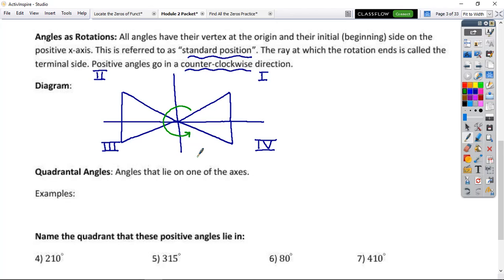Next, let's talk about where your angles are. And again, some of you might be really solid on this and remember it from geometry. Others maybe not. So I just want to make sure everyone is on the same page moving forward. So quadrant 1 is always going to contain angles from 0 degrees all the way to 90 degrees.